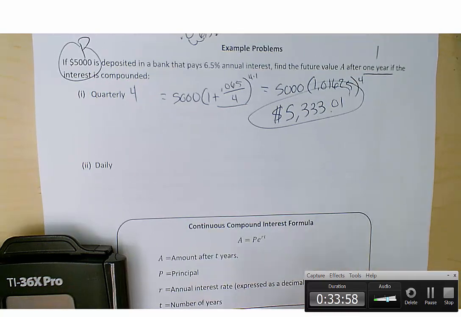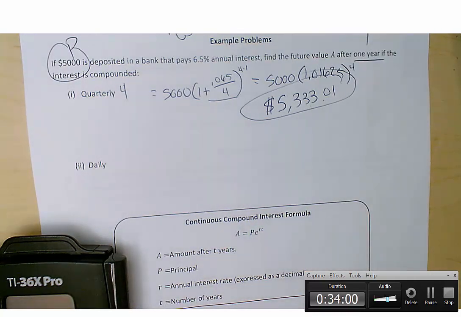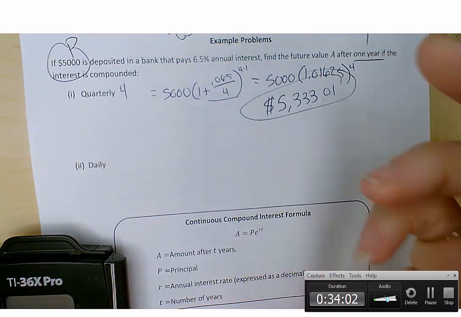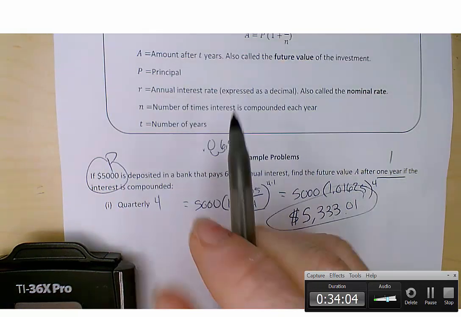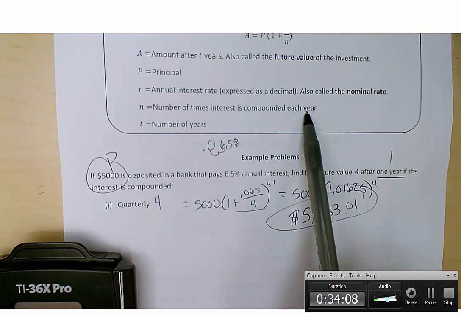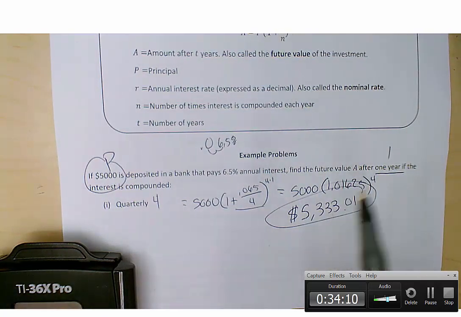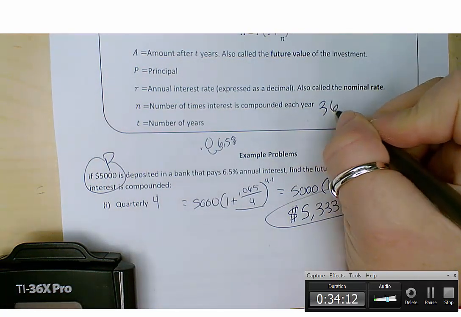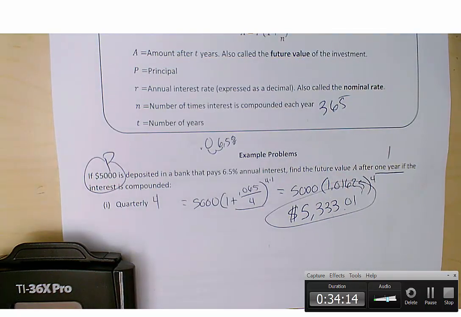Now, how much is it going to change if we compound this daily? If we compound this daily, keep in mind that that n is the number of times interest is compounded each year. So we always assume a 365-day year for these situations here. So we don't necessarily take the leap years into consideration for most general problems.